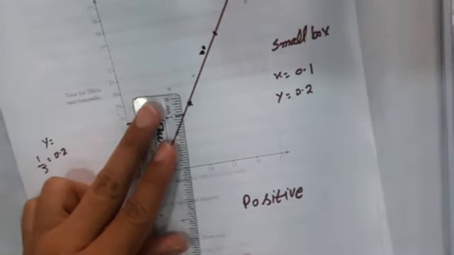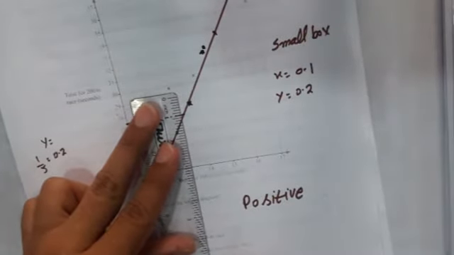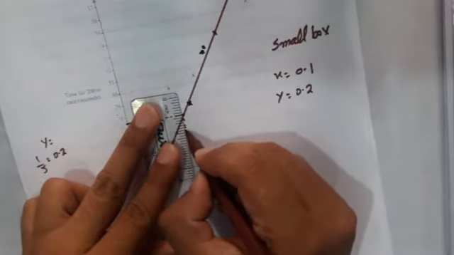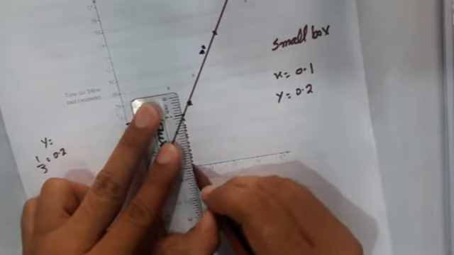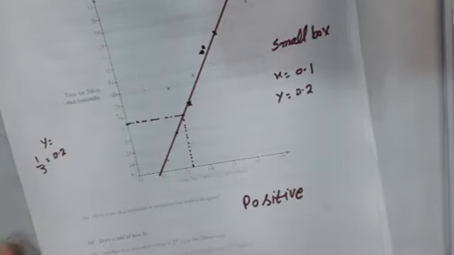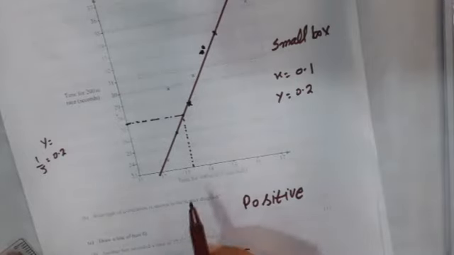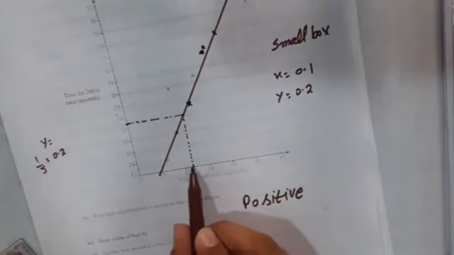We will move the value downward because we have to find the value for the 100 meter race. Use the graph to estimate the time it would take him to run 100 meters. This will be equal to 1, 2 and 3.